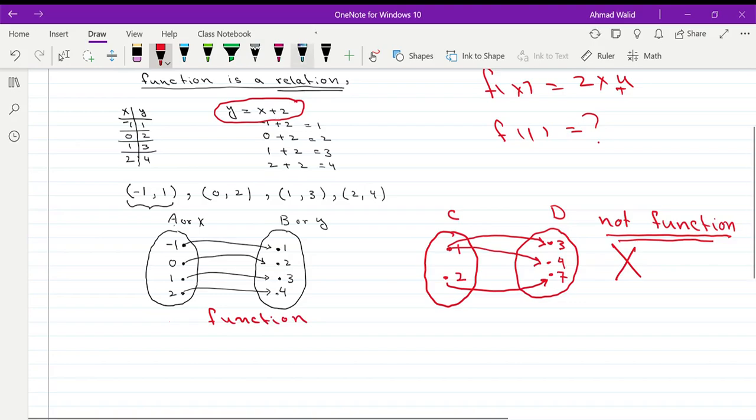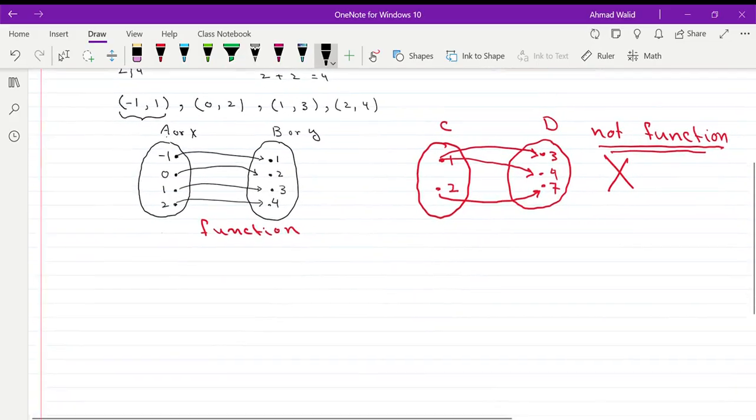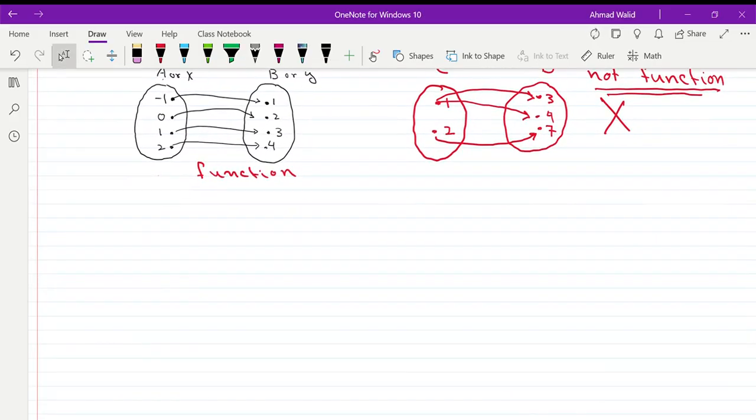Let me show you another way to explain this. I know sometimes I'm talking too much, but I want to make sure that you really know what a function is. Let's say two cars are driving on one road, and this road separates into two different roads like this.